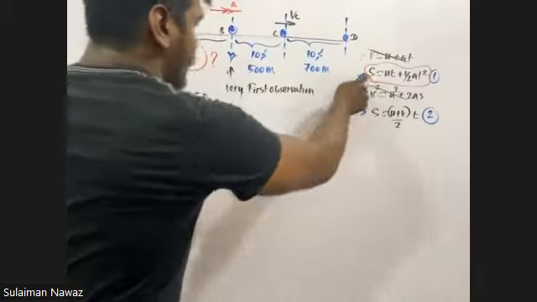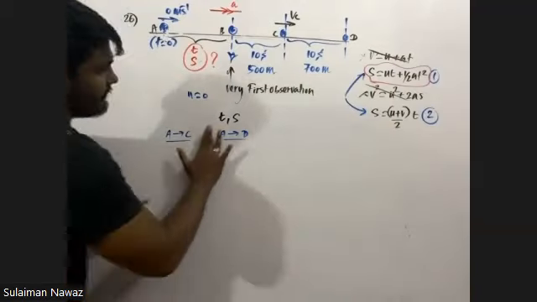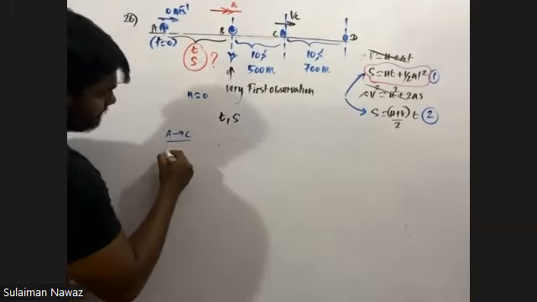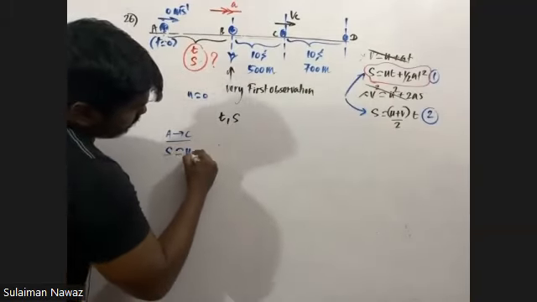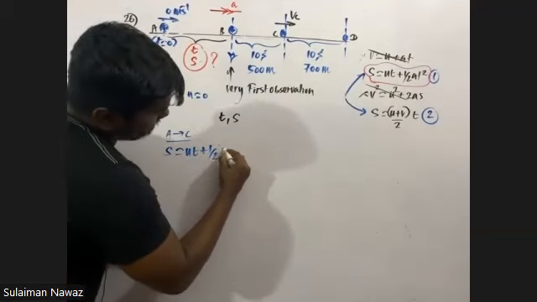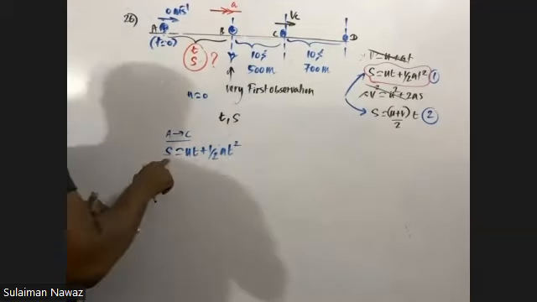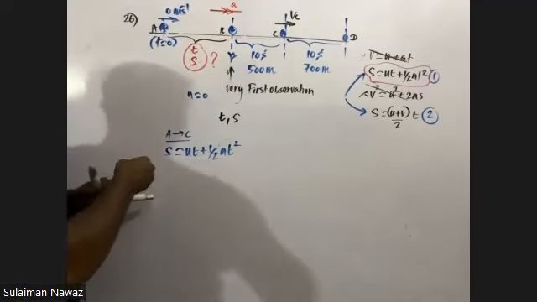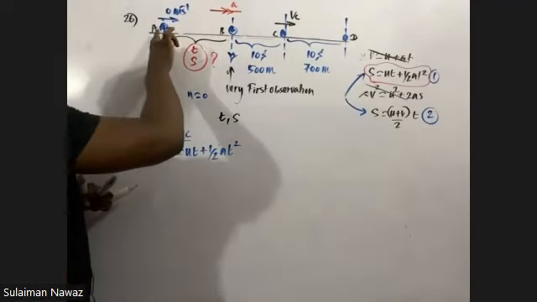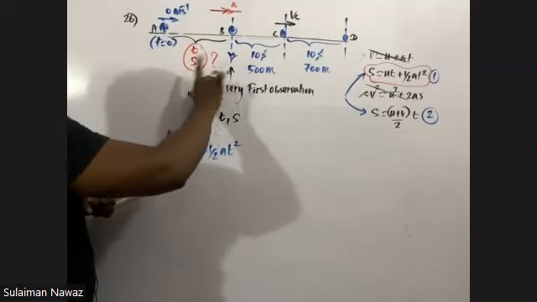If I use this equation, A to C, S equals ut plus half at squared. What is my S? A to C total displacement. Total displacement from A to C is S plus 500.